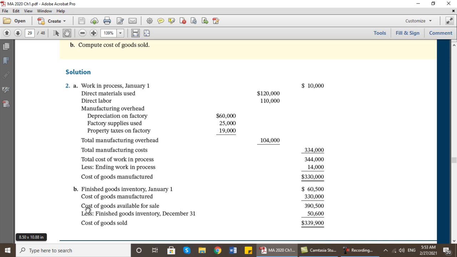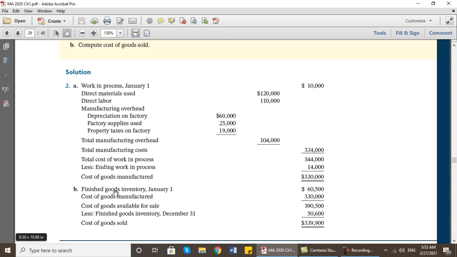As you see here, cost of goods available for sale. Less finished goods inventory, cost of goods sold. Again, compute cost of goods sold.